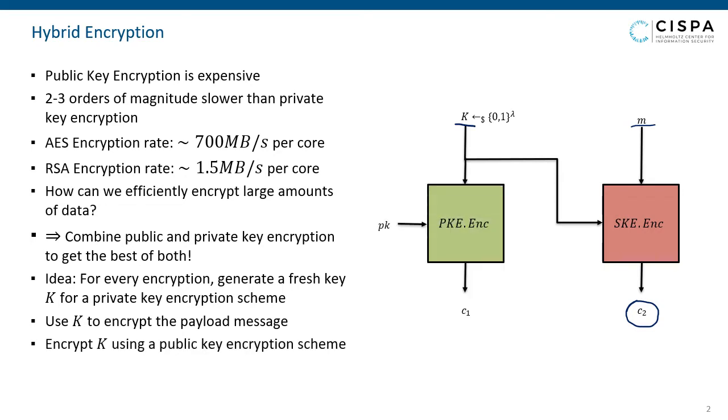And finally, we encrypt this key K under a public key encryption scheme using a PK into a ciphertext C1. And our final ciphertext consists both of C1, which encrypts the key K, and C2, which encrypts the message M under the key K.